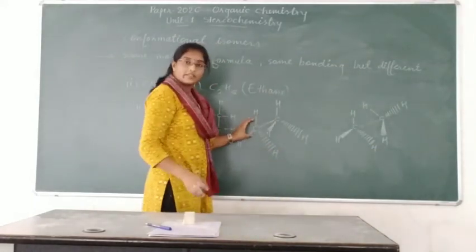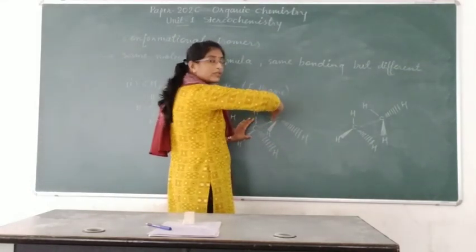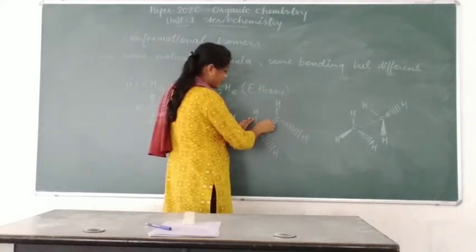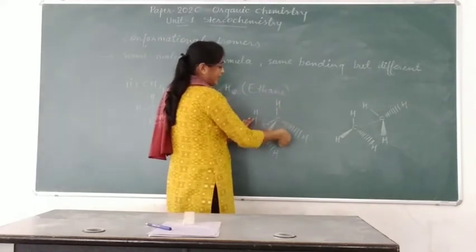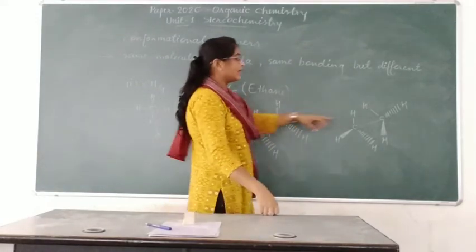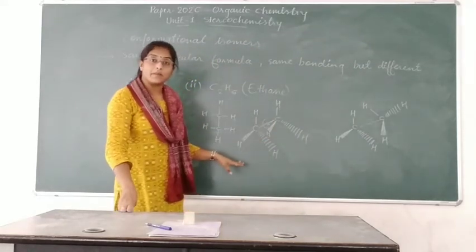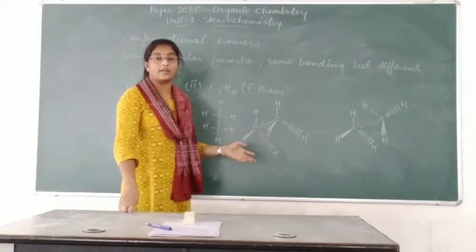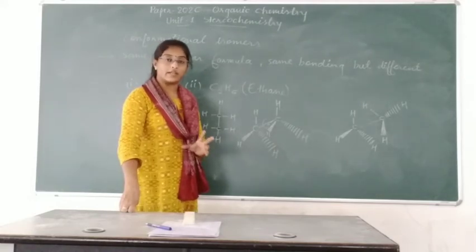If we hold this carbon and rotate around this CC single bond, in this direction, the hydrogens attached with this carbon will rotate in space and we will get this structure. So these both are conformational isomers. Rotation around a CC single bond gives another isomer, called a conformational isomer.